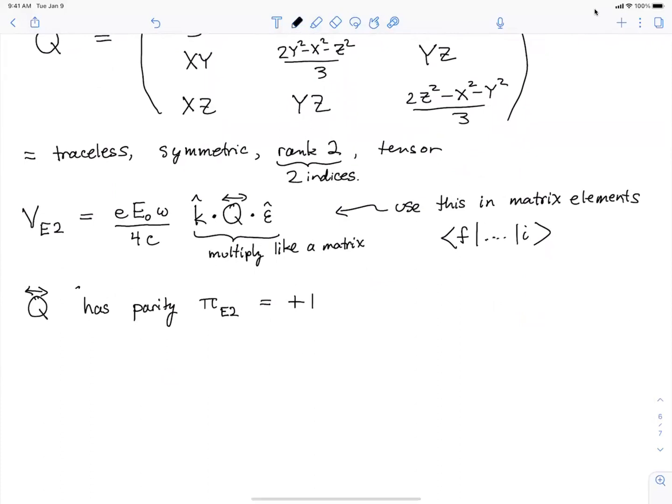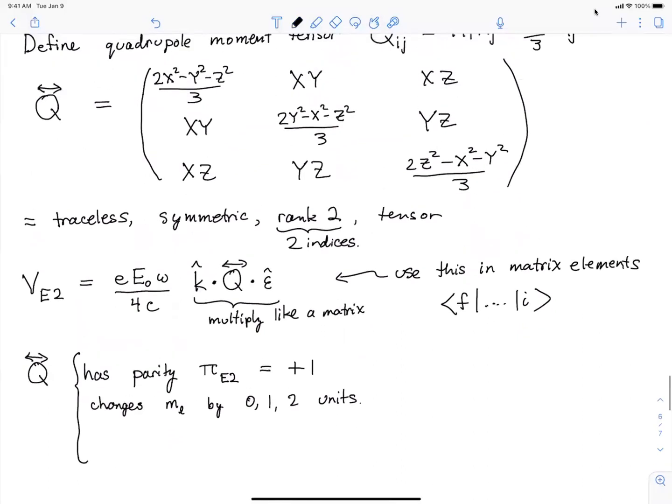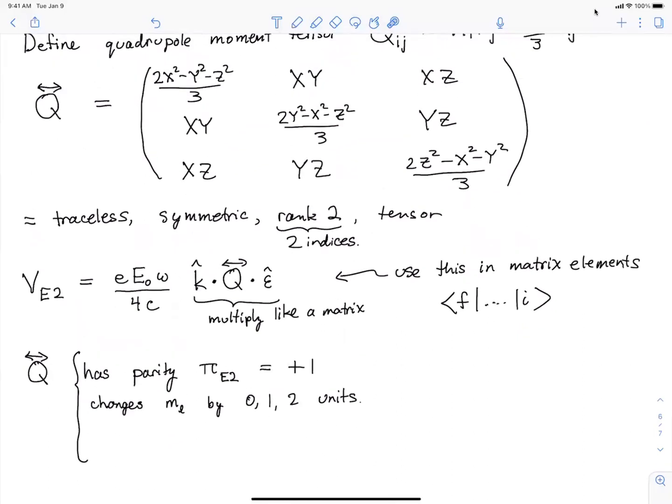Okay, what else can we say about the operator Q? It changes, for example, M sub L by 0, 1, or 2 units. So how do we know that? We know that because, again, if I look at any component of this matrix, each x, y, or z can have an e to the I phi in it or an e to the minus I phi, and there are 2 of them.